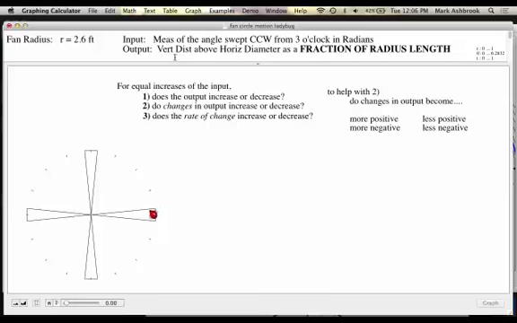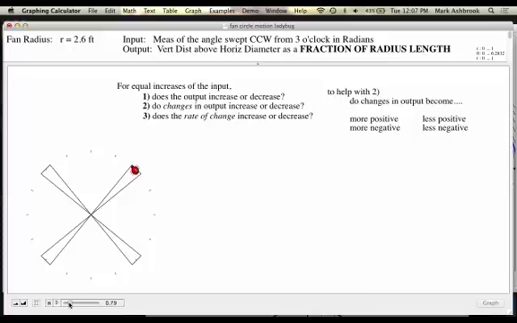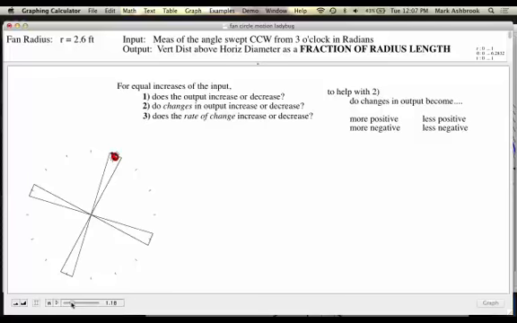What's the greatest value that the vertical distance above the horizontal diameter as a fraction of the radius length could take on? Someone is saying 1. And for what angle does the output, the vertical distance, take on its greatest value equal to 1? 90 degrees, or we're going to practice radians.